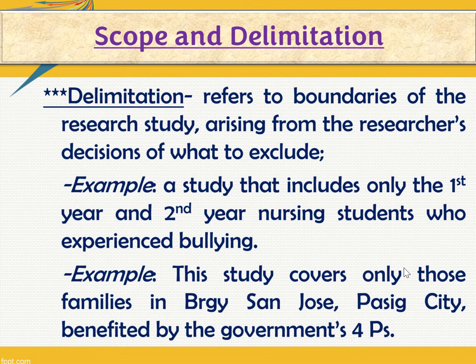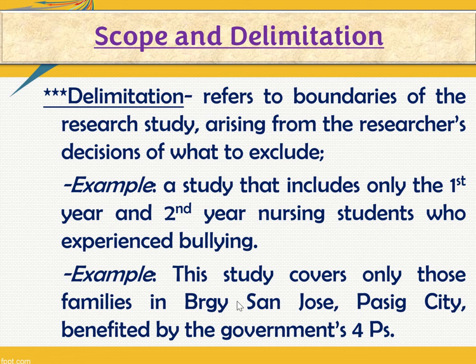Okay? So, example, a study that includes only the first year and second year nursing students who experience bullying. So, pagka nilagay natin first year and second year nursing students, we excluded, okay, already the third year and fourth year nursing students. So, we have delimited our study to first year and second year nursing students only. Okay, so excluded na, out na, yung third year and fourth year.